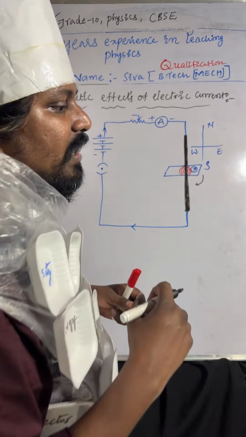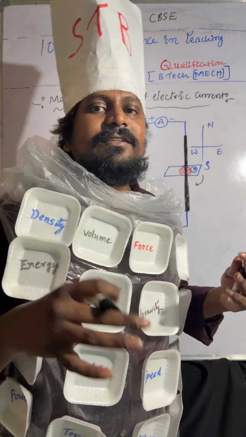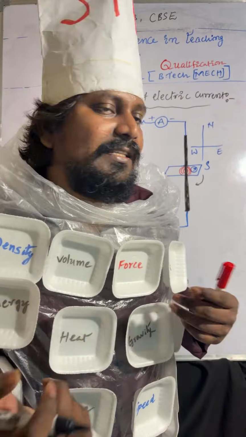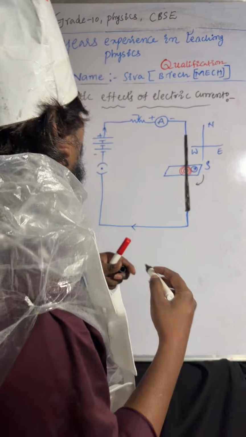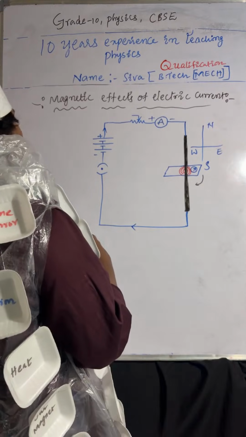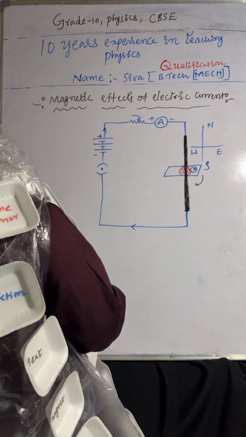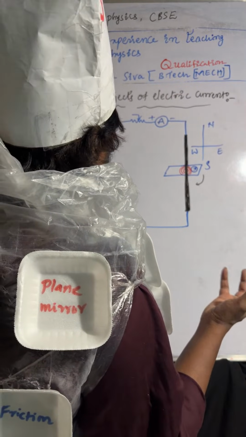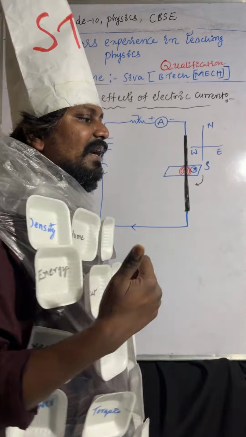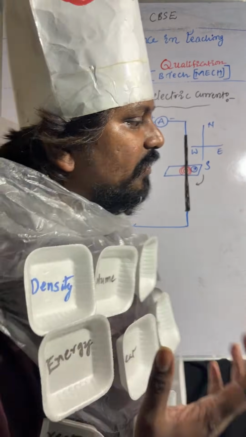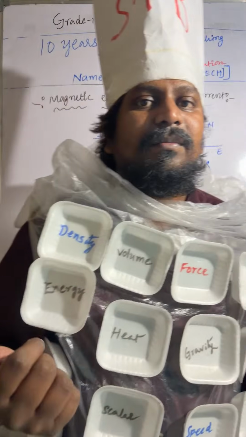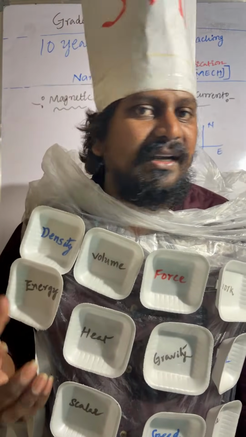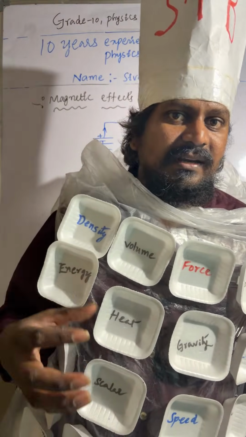It depends on in which direction the current is flowing. Understood or not? So around the current carrying conductor, a magnetic field will be produced, and by using the right hand thumb rule, we can identify its direction.